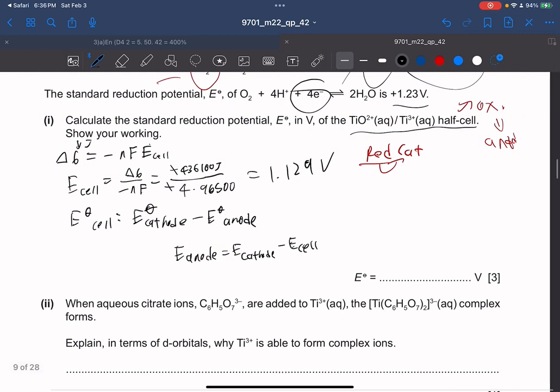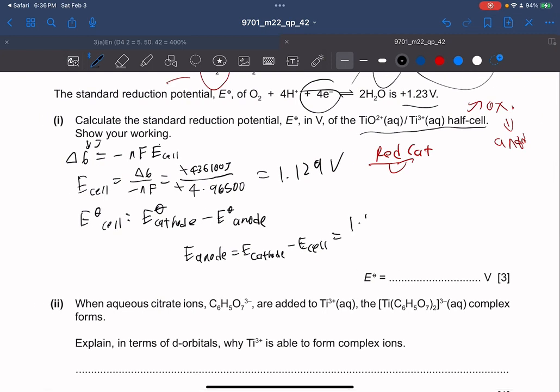So we're gonna do 1.23 volts minus 1.129 volts. So I'm gonna plug that into my calculator, and we're gonna get 0.101 volts. So positive 0.101 volts.